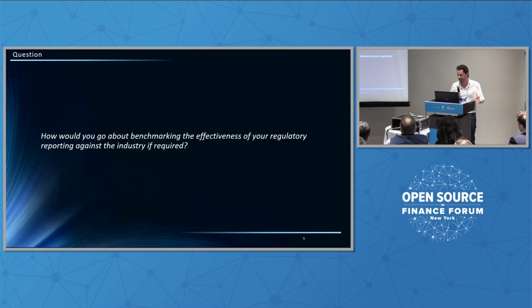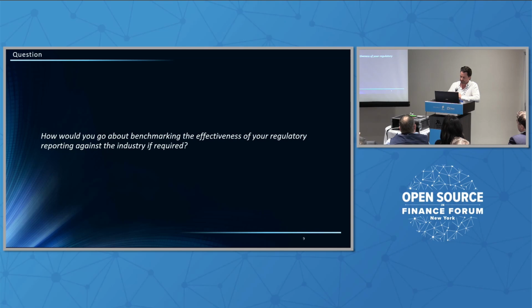One obvious way is if you knew how much everyone was spending on their budget for regulatory reporting, minus how much they've been fined, you get to a number, and you could, in theory, measure people on that. But does that actually measure the effectiveness, or does it just mean that you've not been in the crosshairs of the regulator, or you have a smaller number of products?